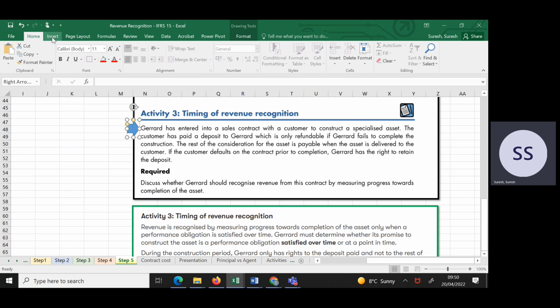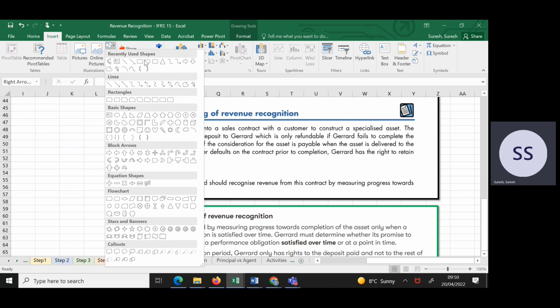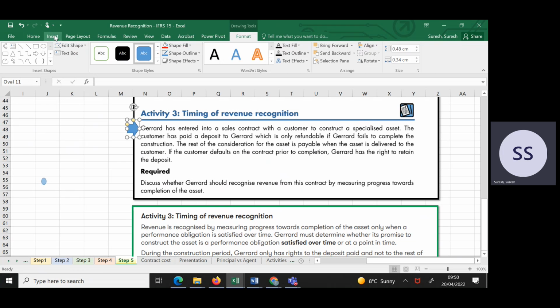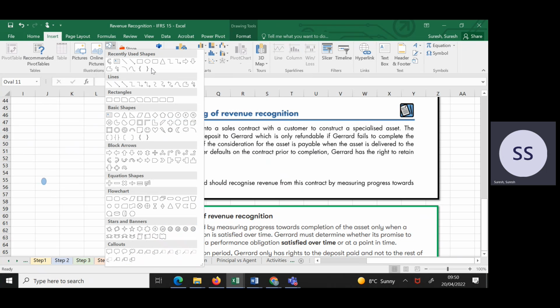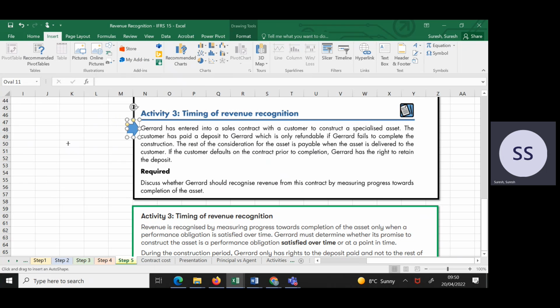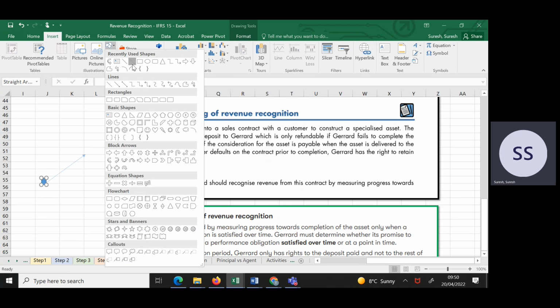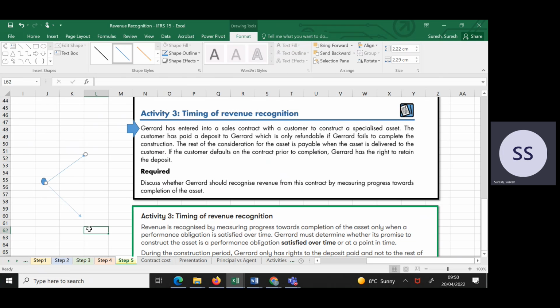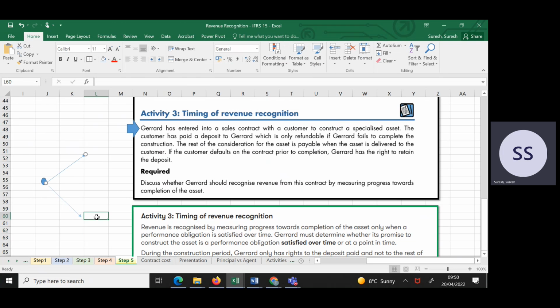This is what you need to understand from this particular step. The revenue of the performance obligations can be considered as satisfied in 2 different ways, right? One, at a point in time.